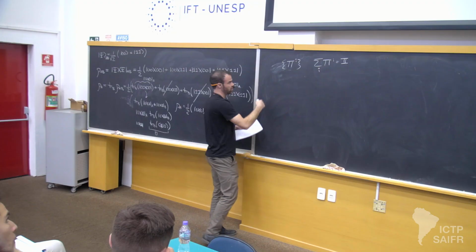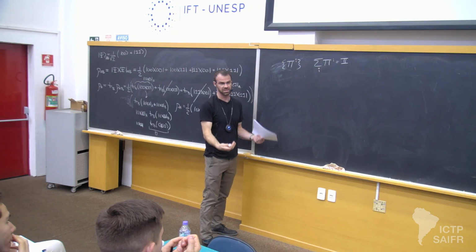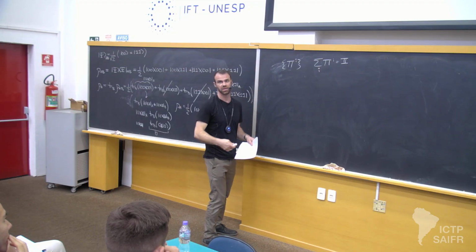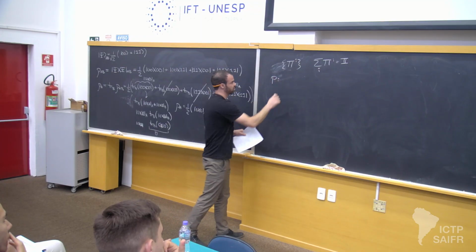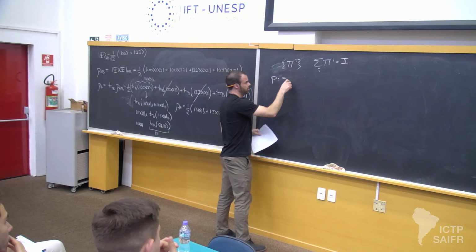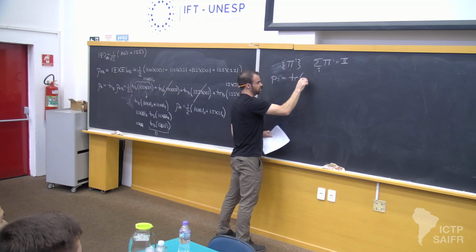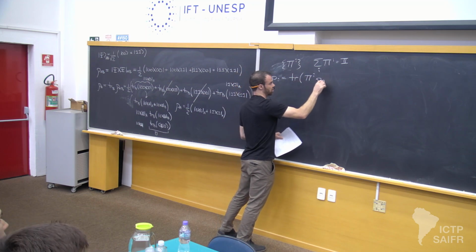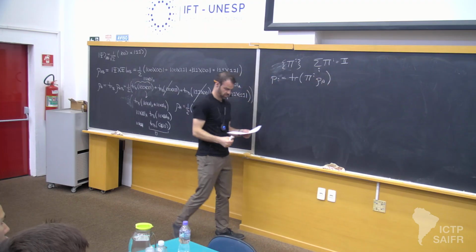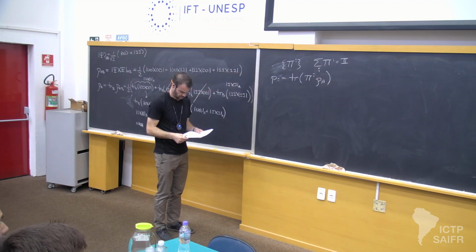And then when I make a measurement on a system described by some density matrix, my probability p_i of getting outcome i is given by the trace of Pi_i against rho on A.